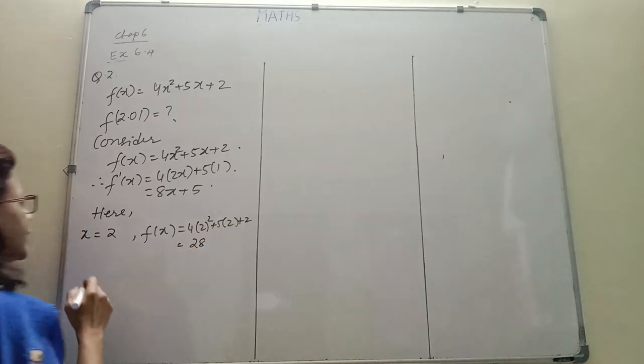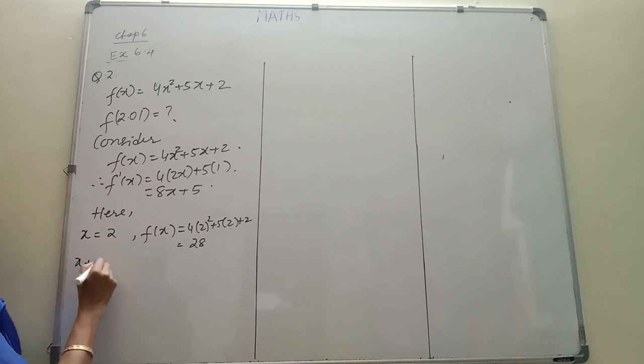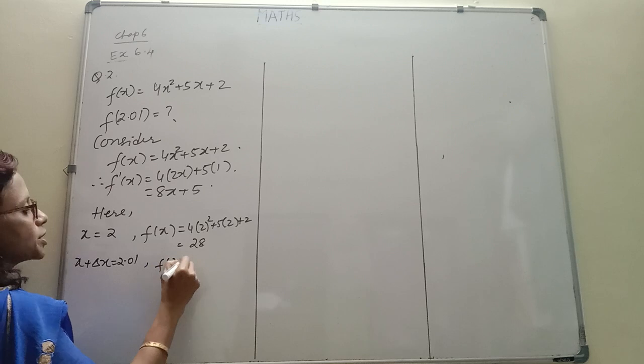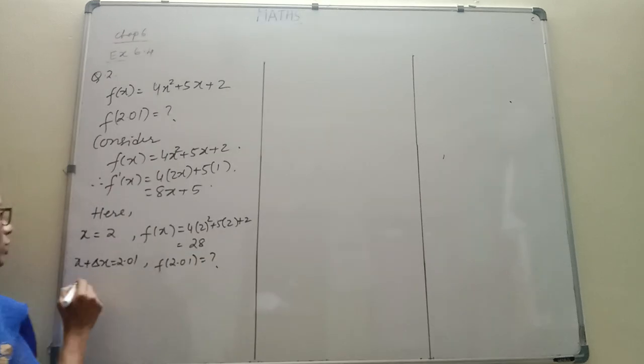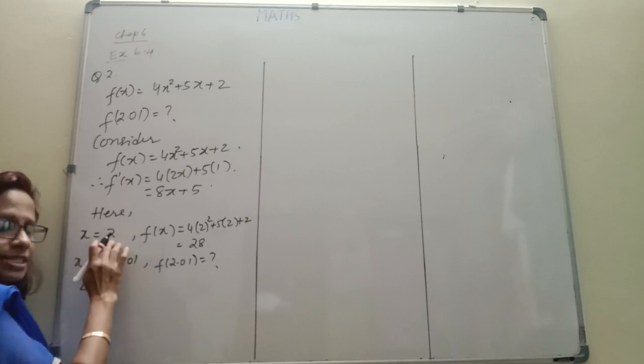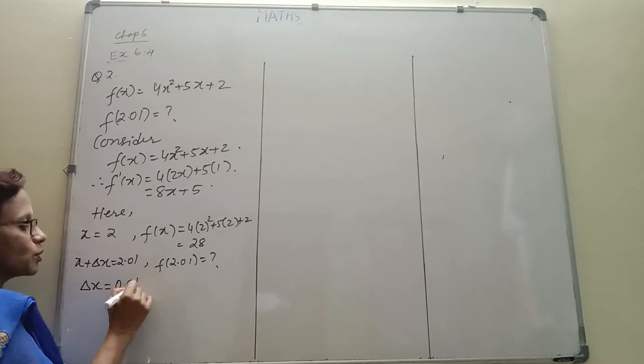And x plus delta x is our required value, which is 2.01, so f of 2.01 we will calculate. Since you know x plus delta x and x, you can always find delta x, which is x plus delta x minus x, which is 0.01.